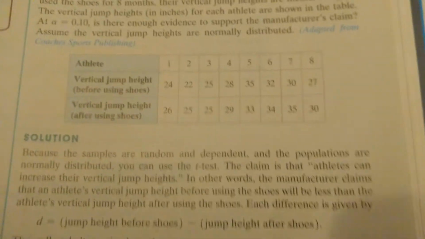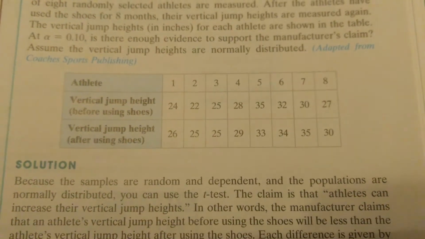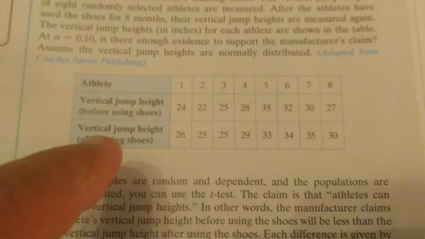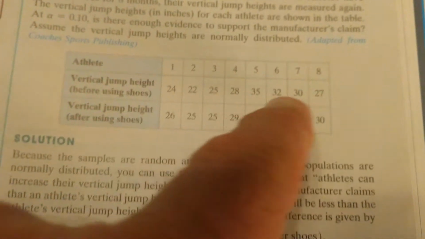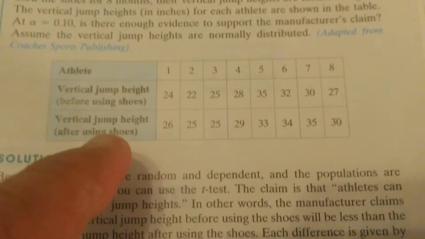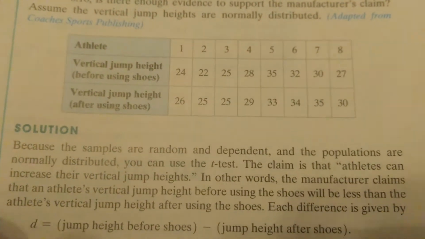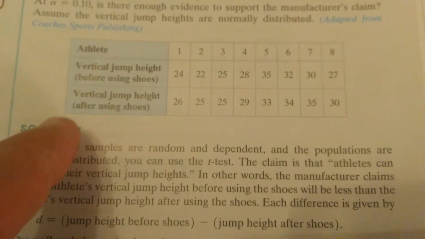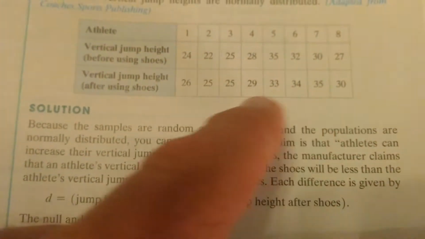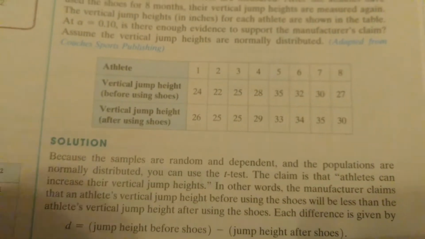All right, so if we look at the chart, the first row represents the measure of the vertical leaps or jumps without the shoes. The second row represents the vertical jumps in inches after using the shoes. So think about it.